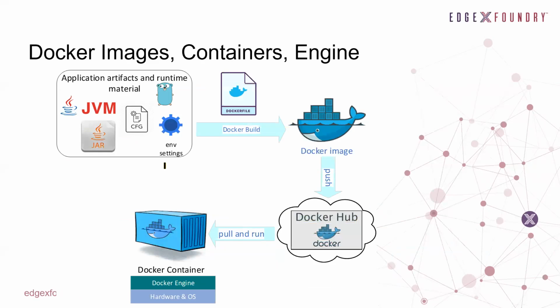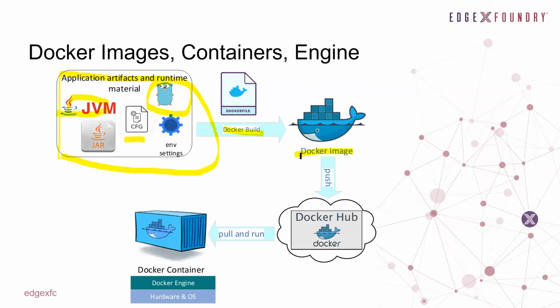Behind the scenes, our development team takes all of the bits, all the code and everything that makes up our particular containers, and that will include some of our program artifacts. We run Go today, so there are Go artifacts. Maybe you're running Java, and it would be the JVM, along with things like configuration and any other kinds of libraries or ingredients to make the particular services run. They put those through a process called Docker build.